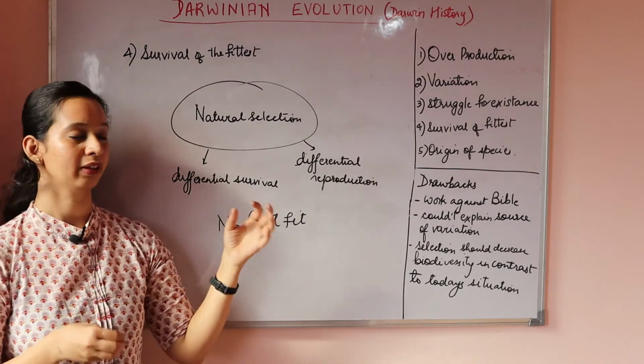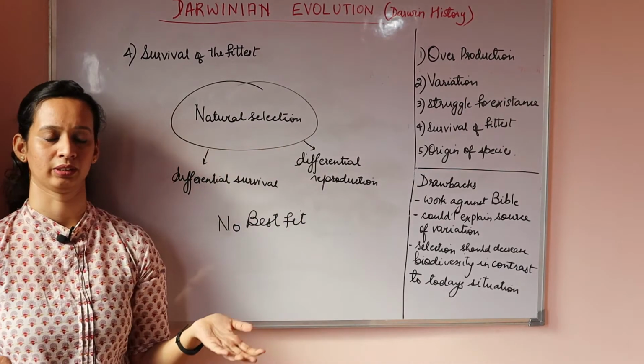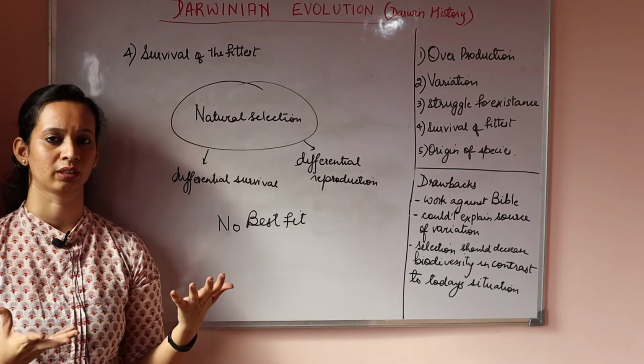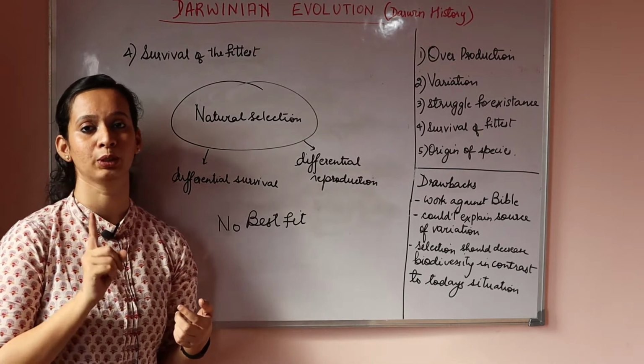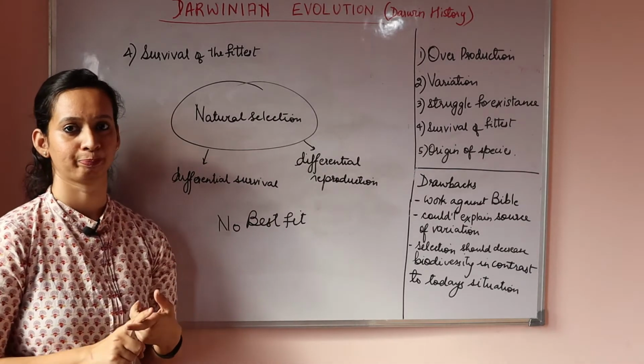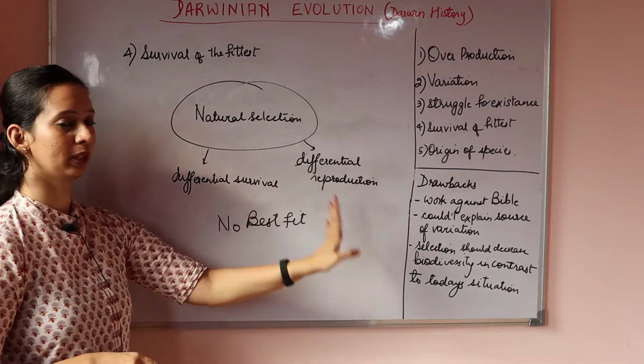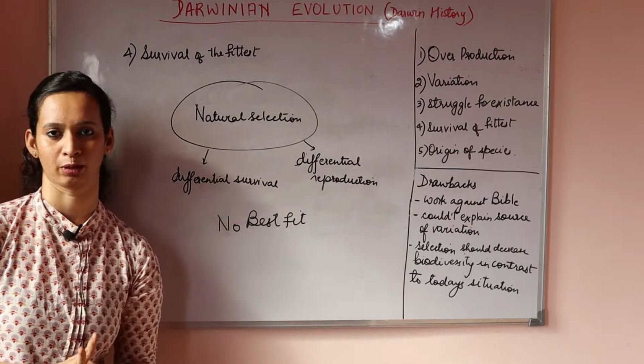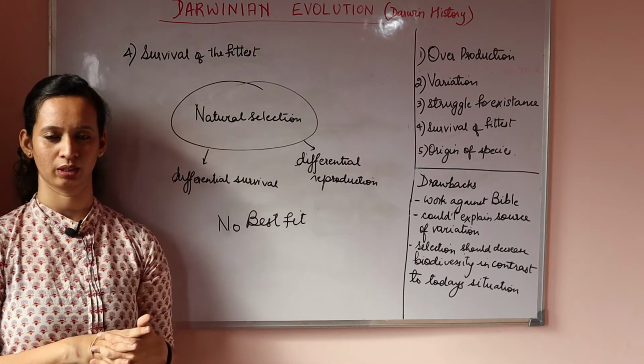If there are any kind of reproductive barriers, whether geographical or internal, and a species is able to overcome them and reproduce, then it is called differential reproduction. Do you understand?